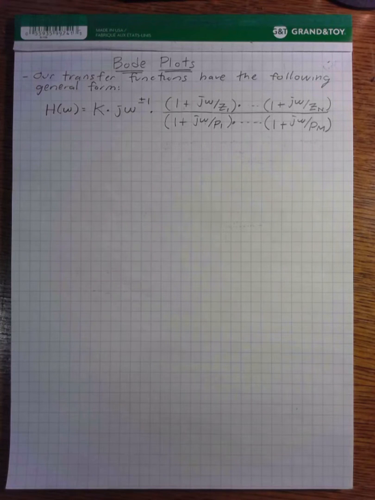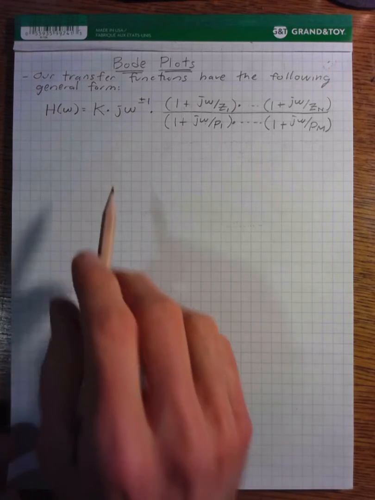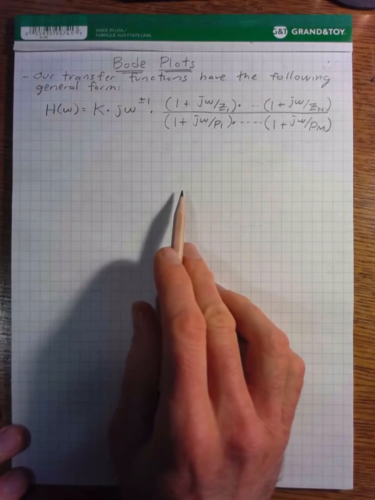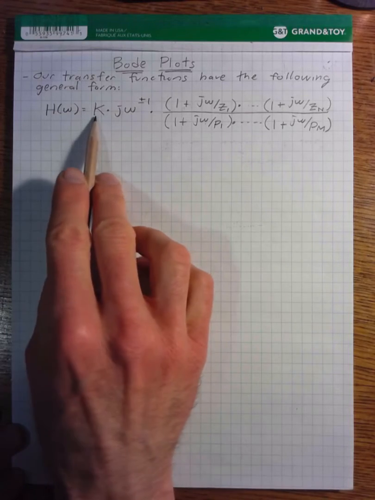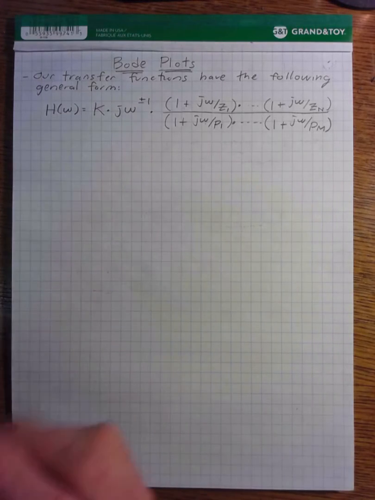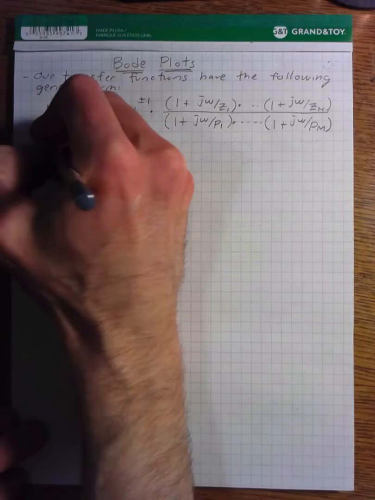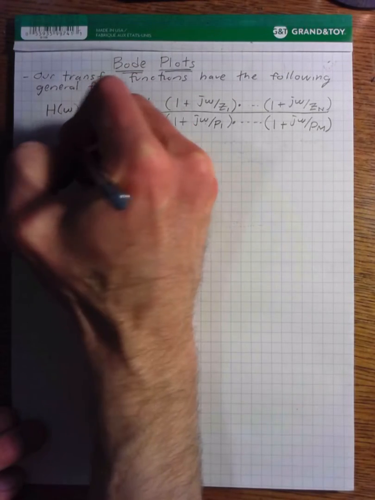So when creating our Bode plots, we will be working with transfer functions that have this basic general form. We have, first of all, a term k, and k is a real valued constant.